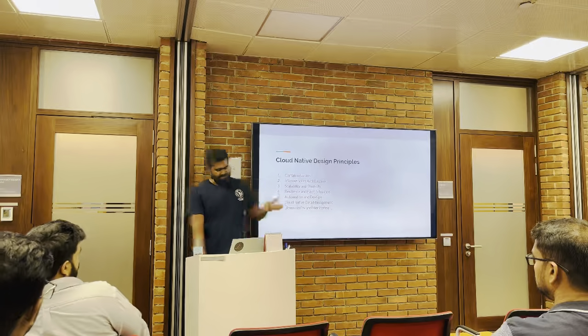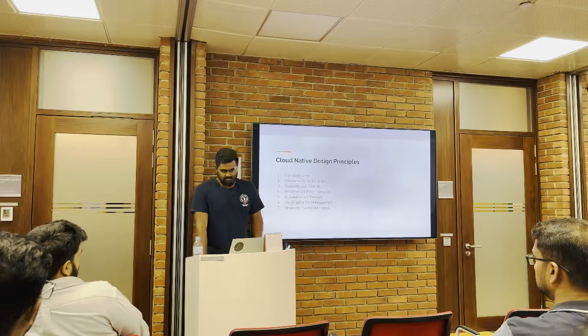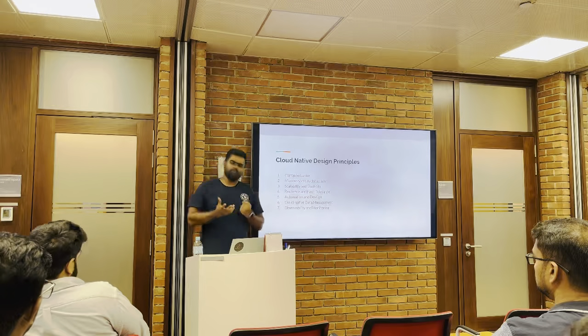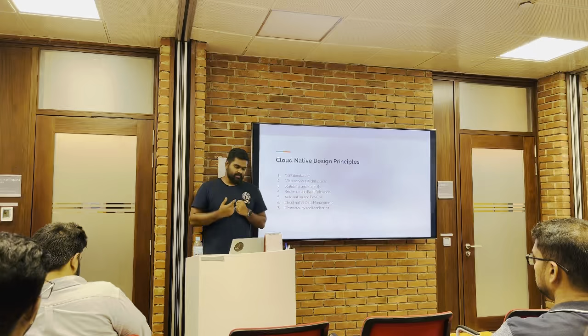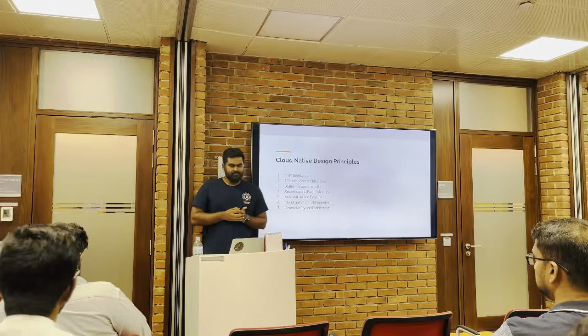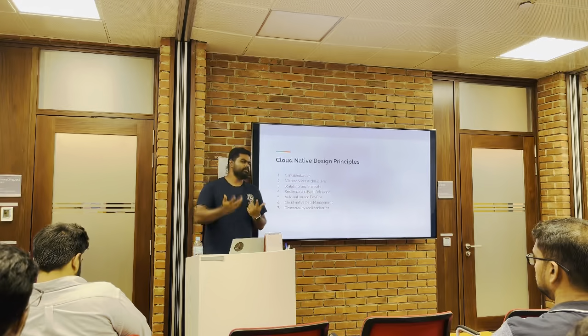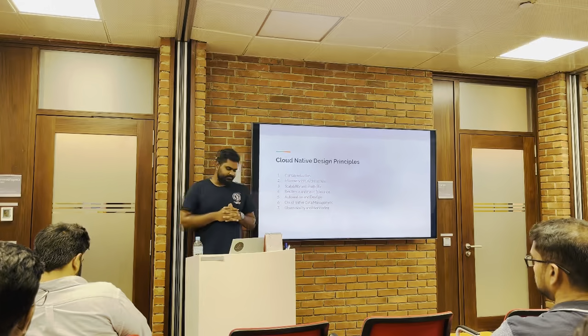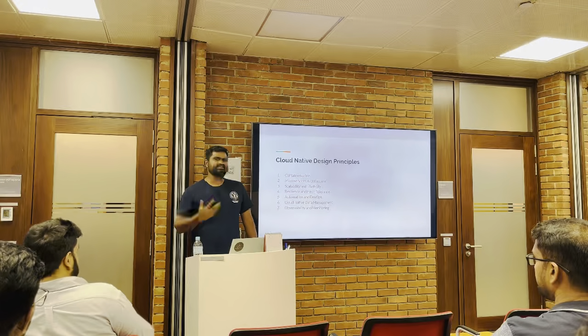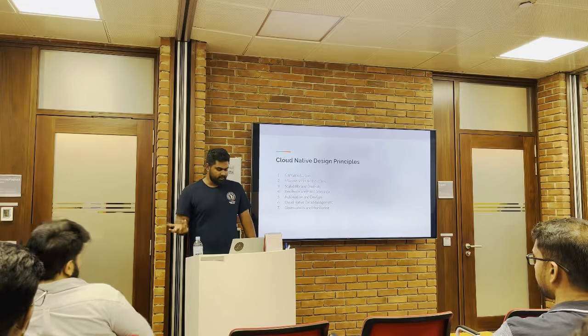Containerization is the first thing, although not really containerization, but rather bundling your application with the libraries needed to run it. Containerization is one way; there are other ways, like buildpacks. The second one is microservices architecture, which we already spoke about.